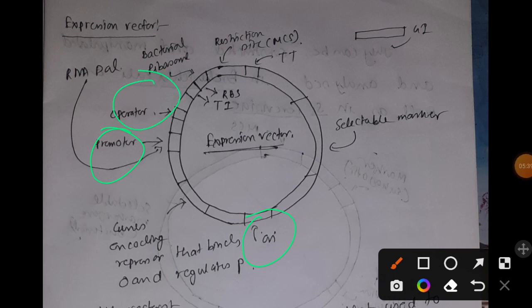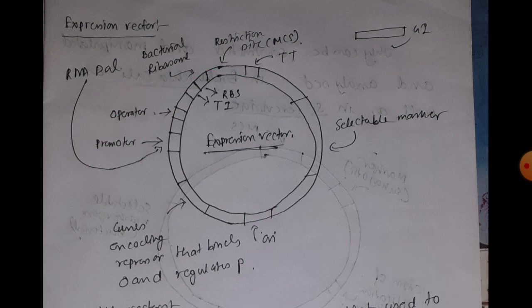Now, interestingly, we are using a eukaryotic gene of interest, and we are transferring them inside a prokaryotic host. What will be the consequences? That is the important question that you should understand.